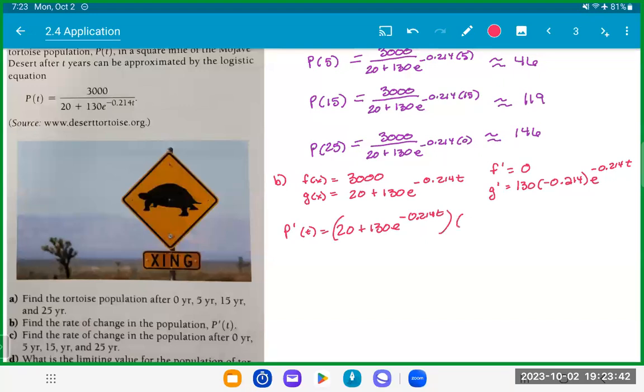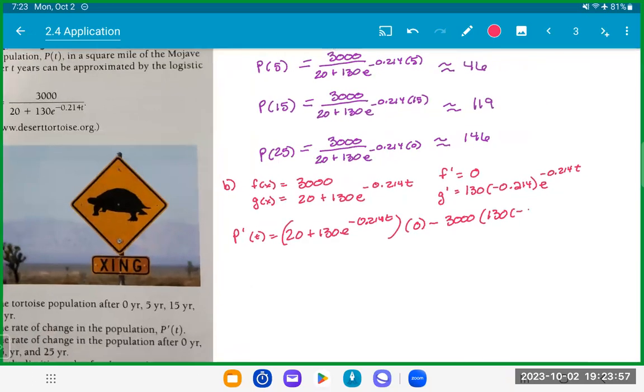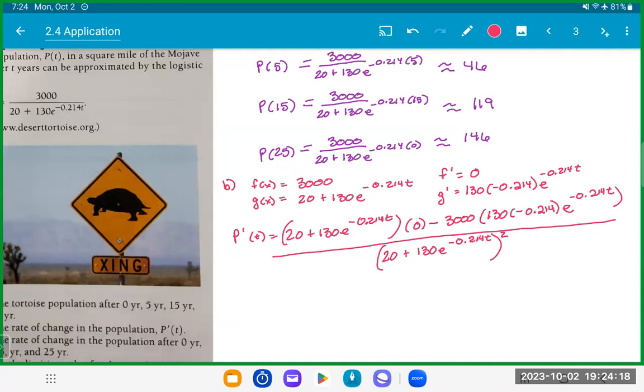times my f prime, minus my f times g prime, which is 130 times negative 0.214 times e to the negative 0.214t, all of that divided by my g squared, which is 20 plus 130 e to the negative 0.214t squared.